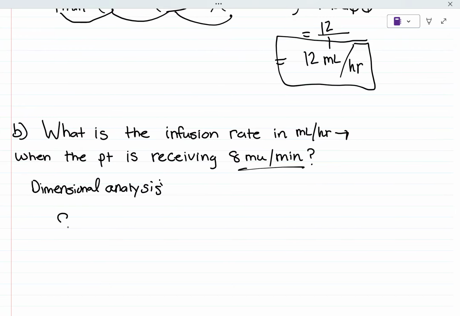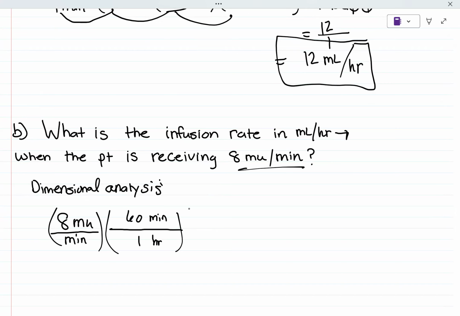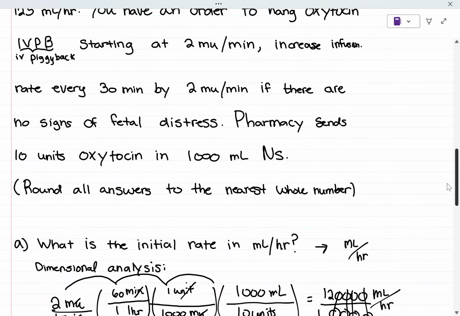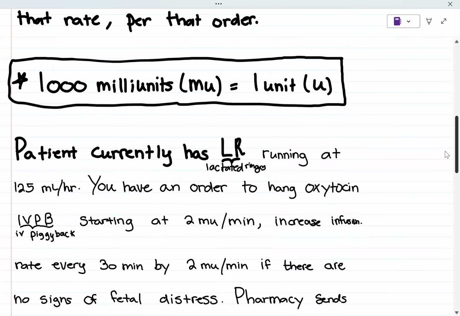Our goal is to get to milliliters per hour, so we put hours on the bottom and minutes on the top. We know that 1 hour is 60 minutes. Then we also want to get rid of MU, based on the table above.